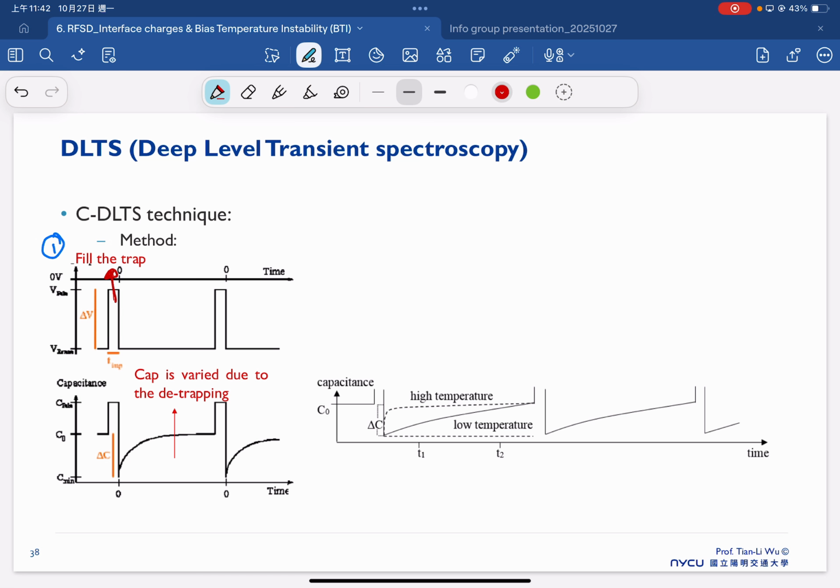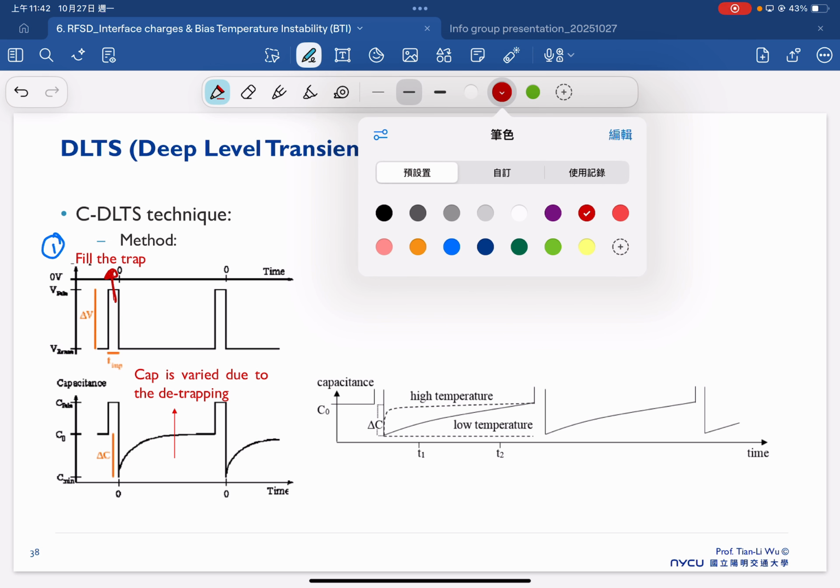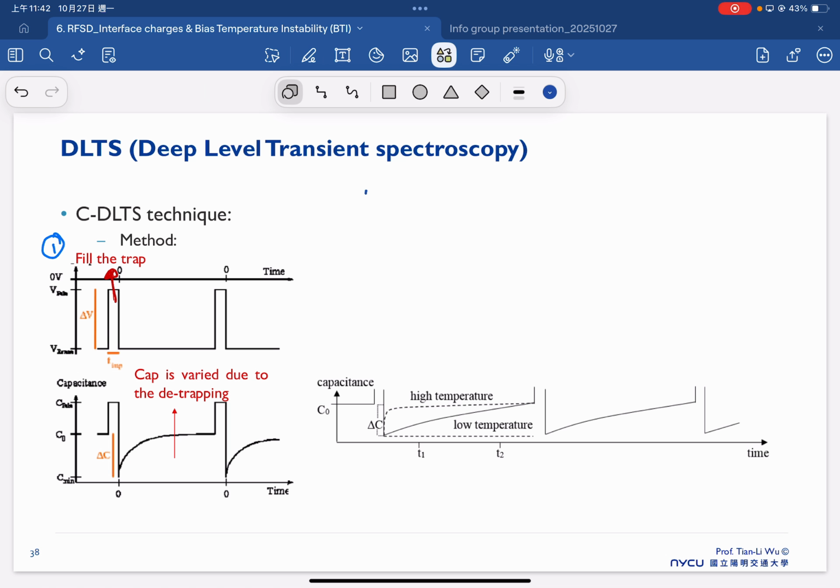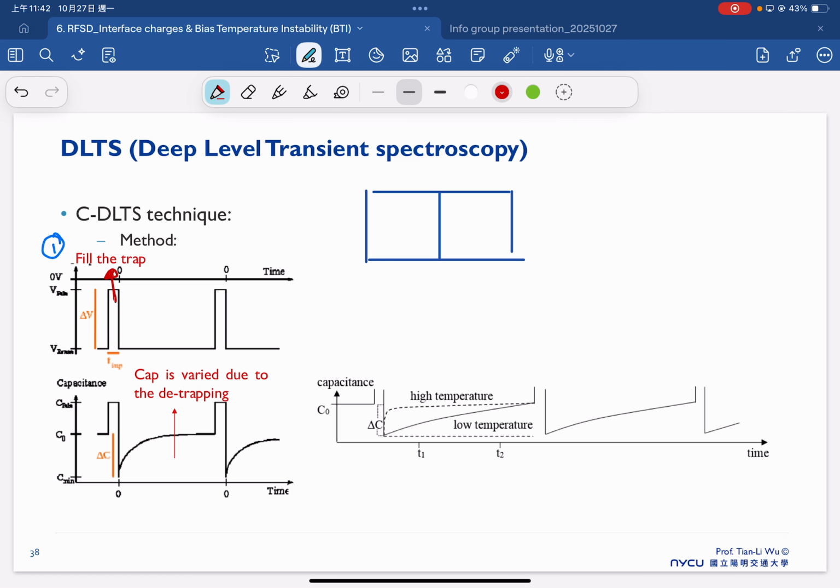So imagine this is a p-n junction, P and N here. If we have defects in this region, how do we characterize the defect?